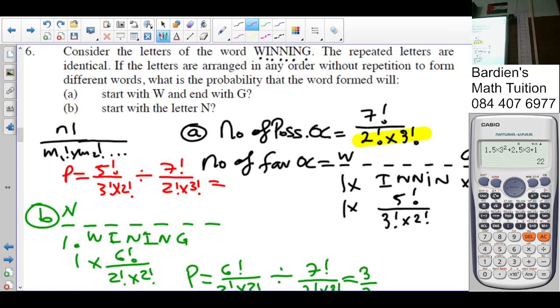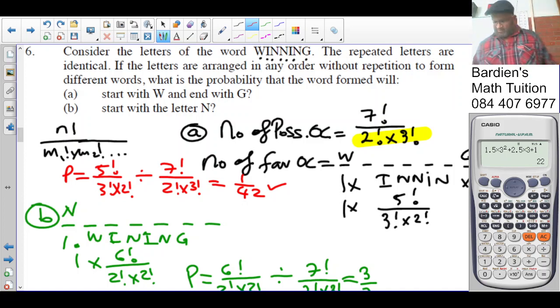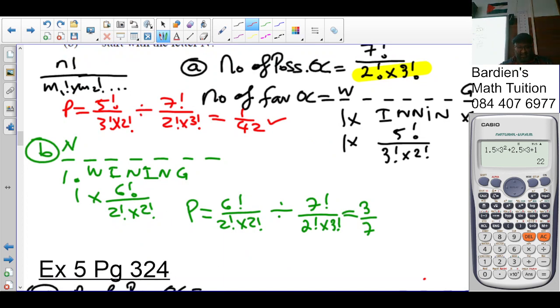Is that the answer we got again? Yes. So that answer is also correct. And in B, our answer is 3 over 7. Correct? And that is now confirmed in his response.